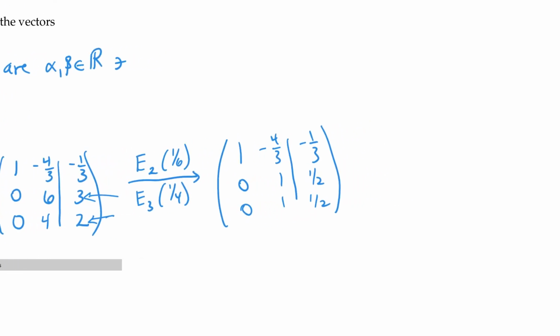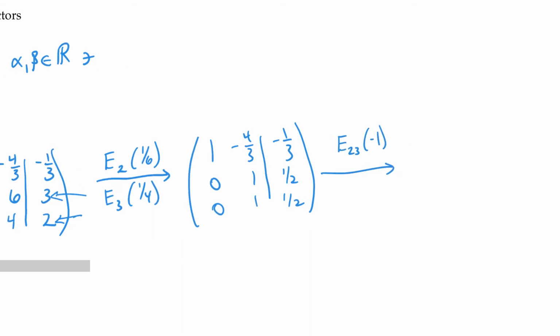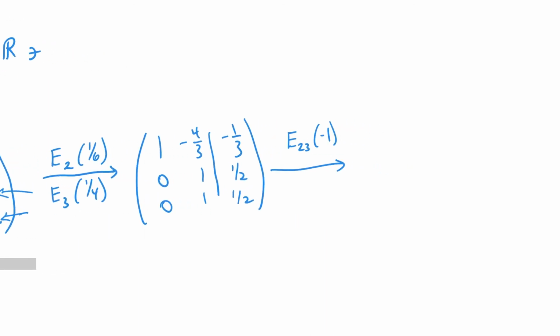And there, now you probably notice it. We have identical rows. So I'll do the second row plus the third row, the negative, to turn it into the 0. And then I'll do 4/3 times this row plus the top row. That's E21 of a positive 4/3.